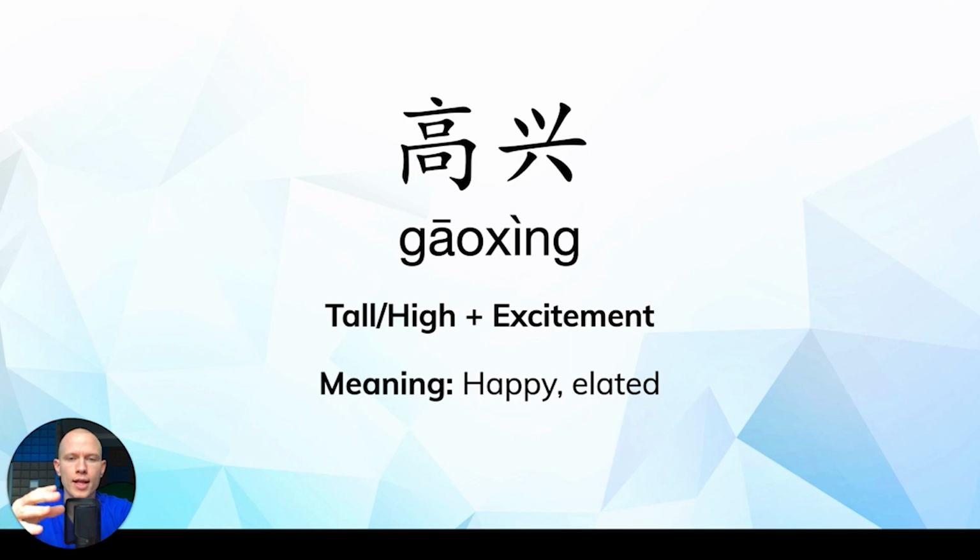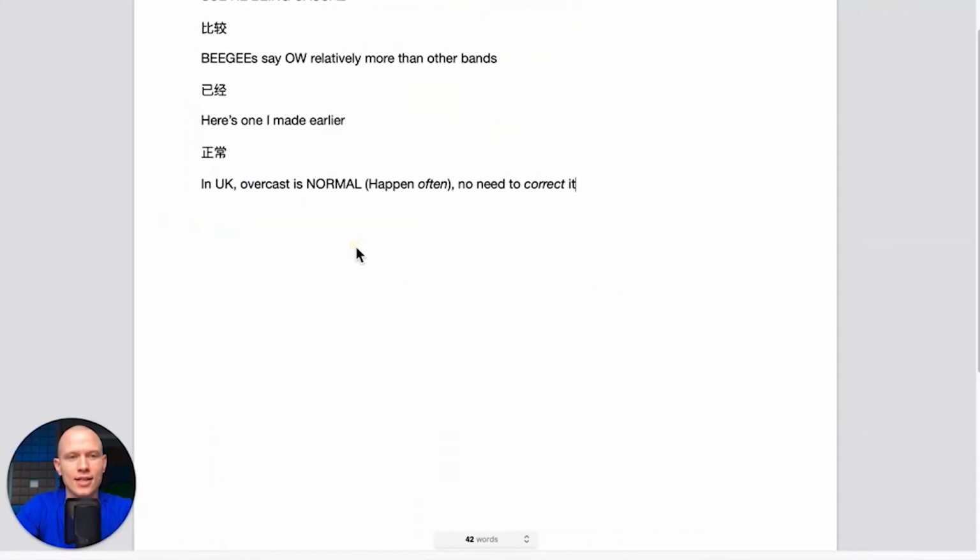So let's see what the characters are. So Gao and Xing. So Xing means excitement, and Gao means high or tall. So high excitement. I'm high on life, for example. So that's like an idea.